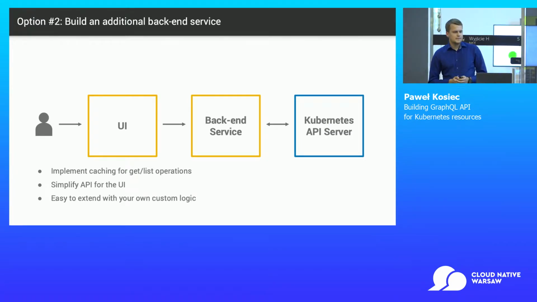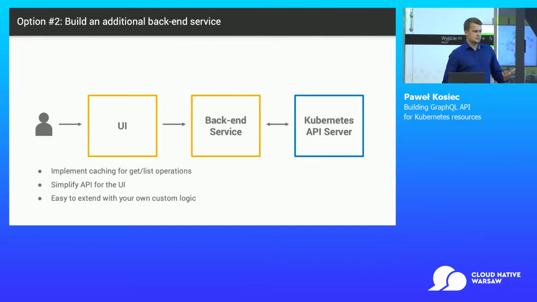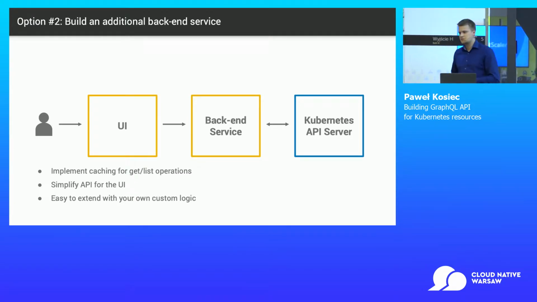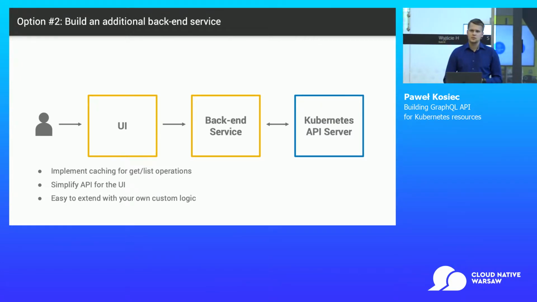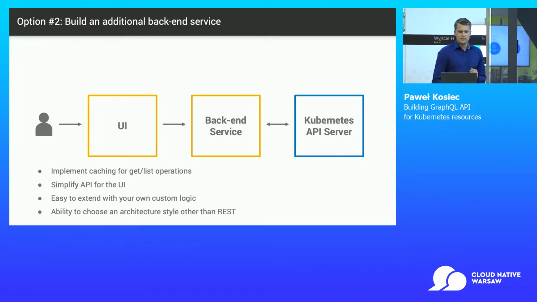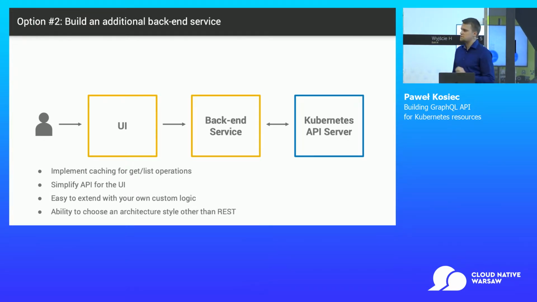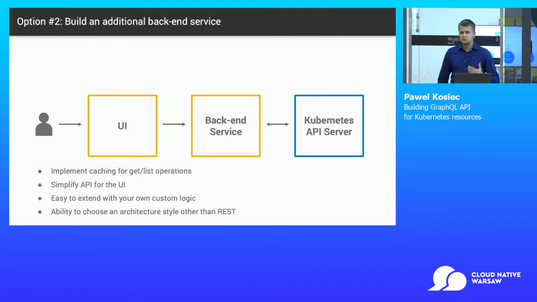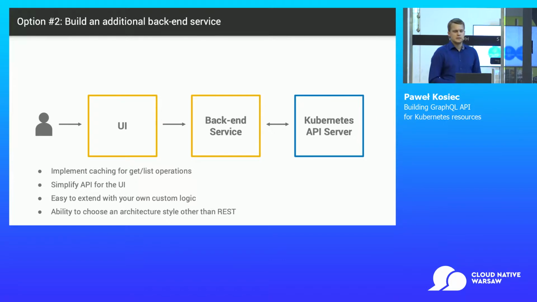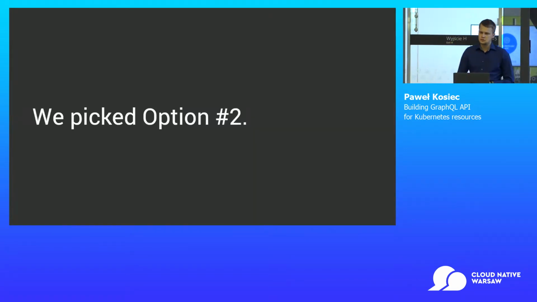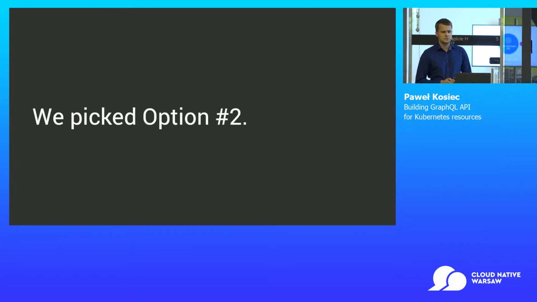It's also easy to extend the whole service with our custom logic, not based on Kubernetes resource management. And the last thing is that we have an ability to choose another architecture style than REST. Mostly because of the first and second points, we picked option number 2, and I believe that in most cases it's a better way to do so.